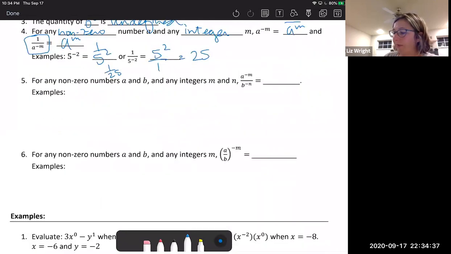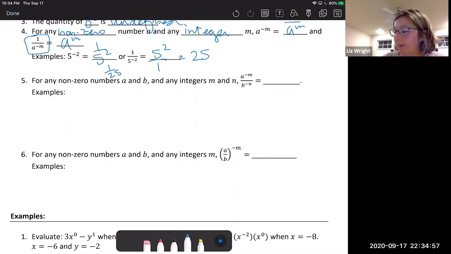All right, so let's look at number 5. For number 5, it says for any non-zero numbers A and B and any integers M and N, and remember integers are positive or negative whole numbers, so no fractions. So that might be something you write down if you don't remember what integers are. It's positive or negative whole numbers.